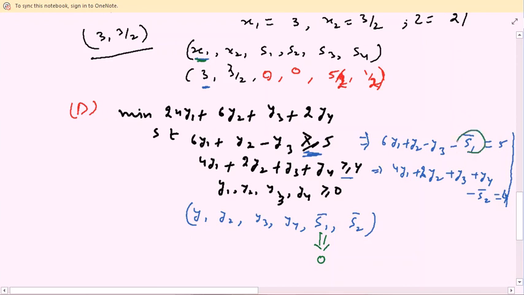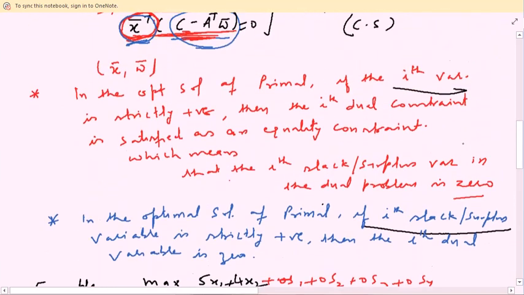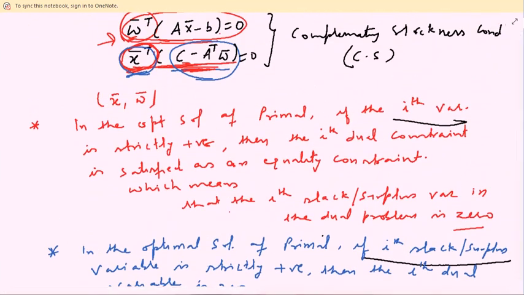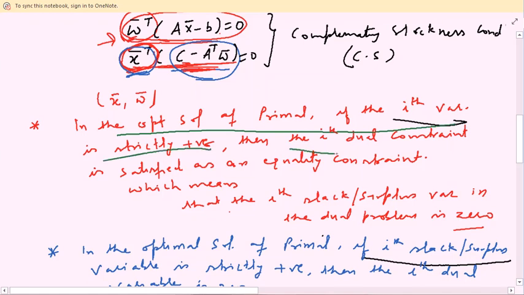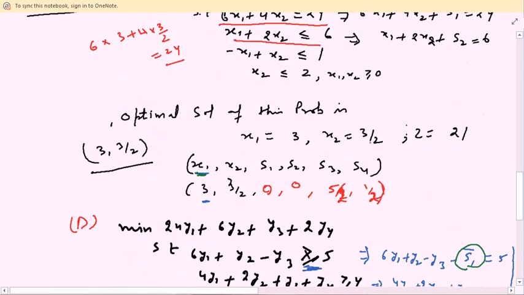That's what the complementary slackness condition tells: if in the optimal solution of the primal the ith variable is strictly positive, then the ith dual constraint is satisfied as an equality constraint. So my first variable is strictly positive, that means my first dual constraint is satisfied as an equality constraint.